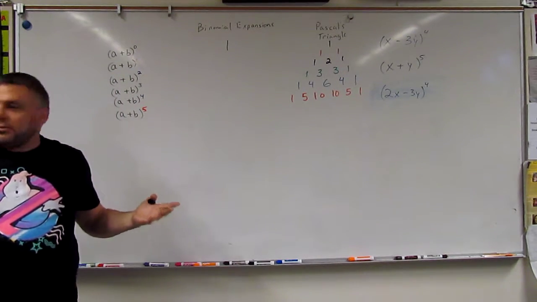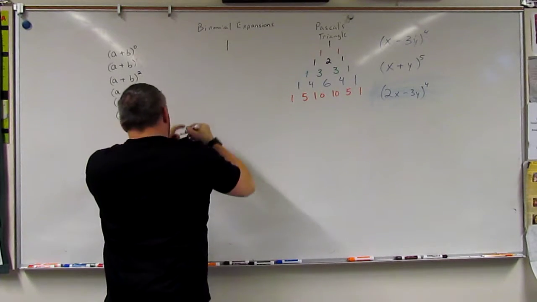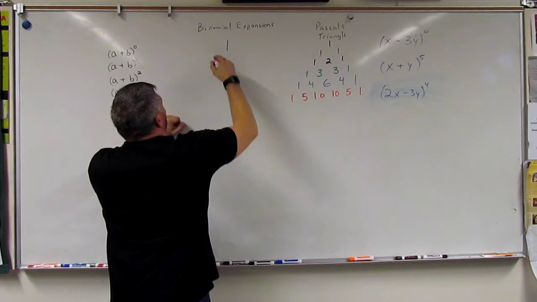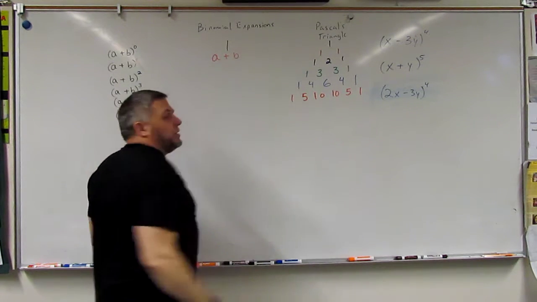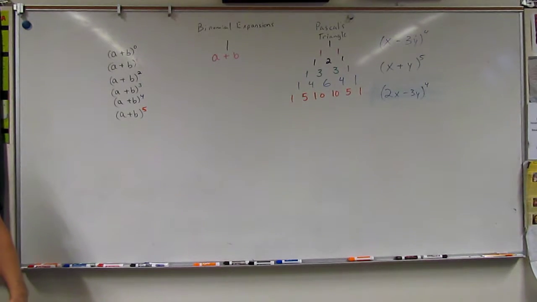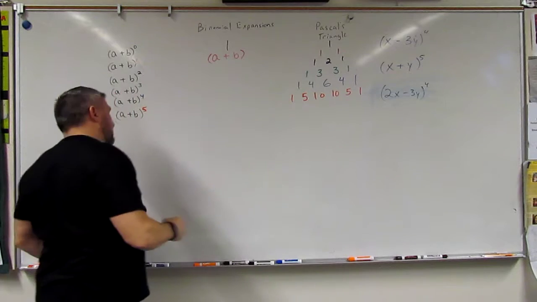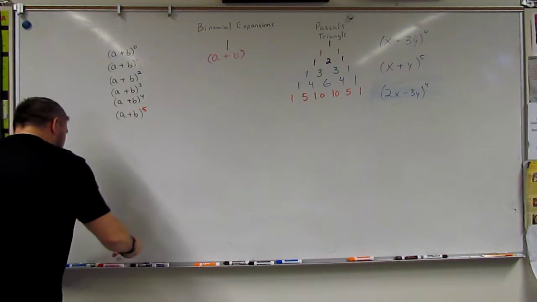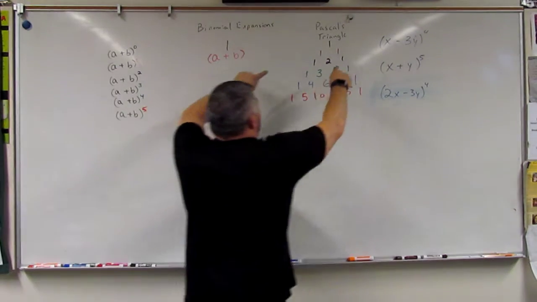Itself, right? So a plus b? So this one would actually be, in pink, a plus b, because that's to the 1 power.